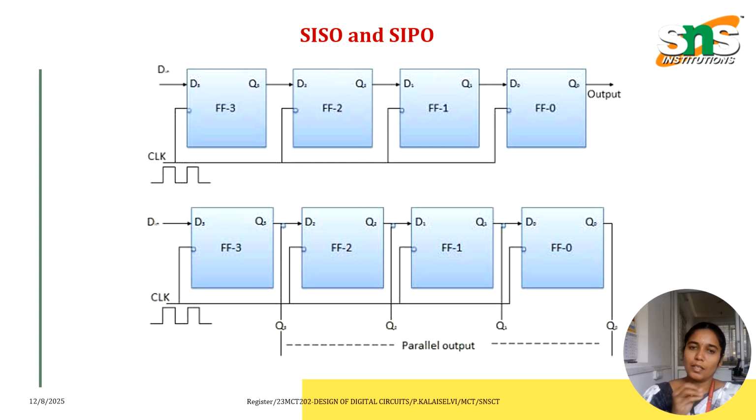As soon as the data loading is completed, all the flip-flops contain their required data and the outputs are enabled, so that all the loaded data is made available over all the output lines at the same time. Four clock cycles are required to load a 4-bit word. Hence the speed of operation of serial in parallel out mode is the same as that of serial in serial out mode. This is the block diagram of SIPO.